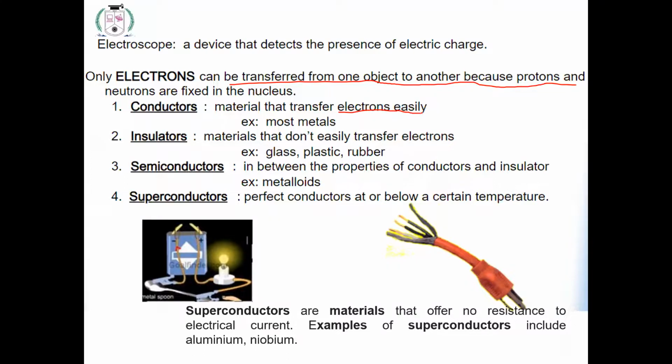Most metals are conductors. An insulator will not transfer any electrons, which means there will be no current flow. Examples are glass, plastic, rubber. Sometimes we say wear rubber slippers and turn on the switch in case of any shock, because rubber won't conduct electricity. A semiconductor has a mixed property of a conductor and an insulator. I think you have studied that in diffusion and so on.